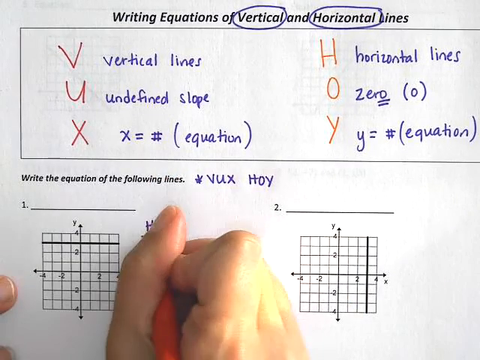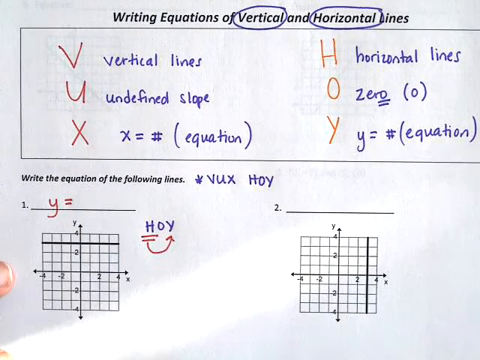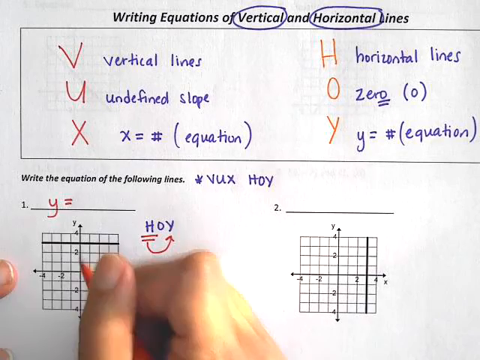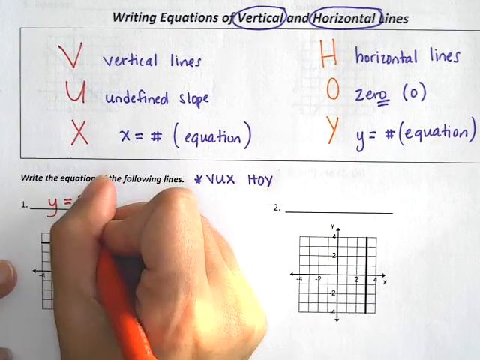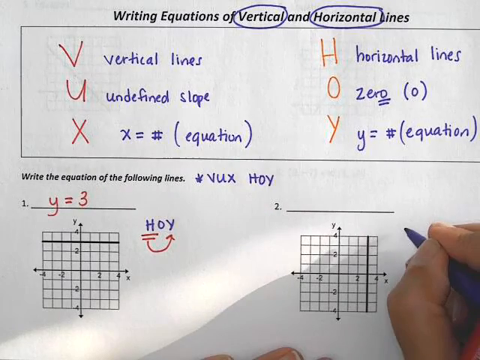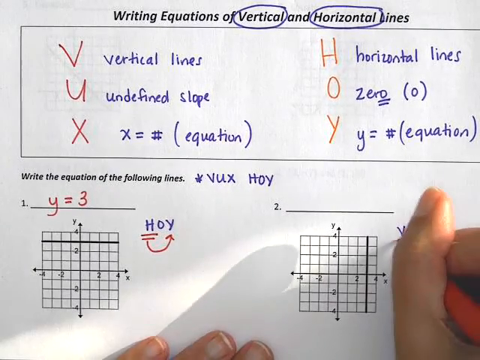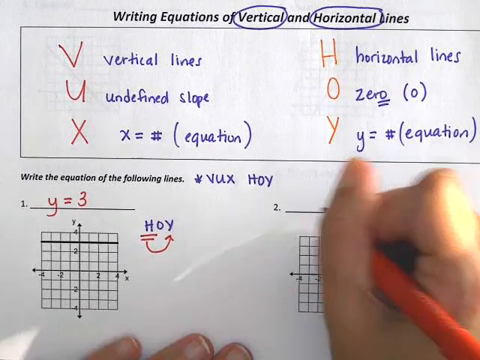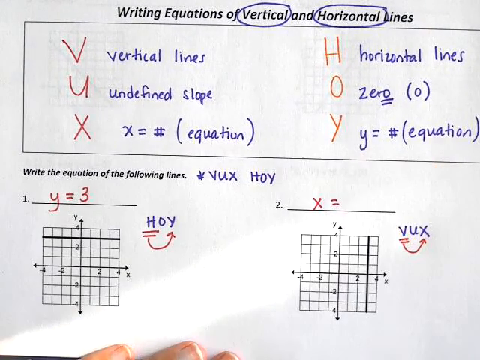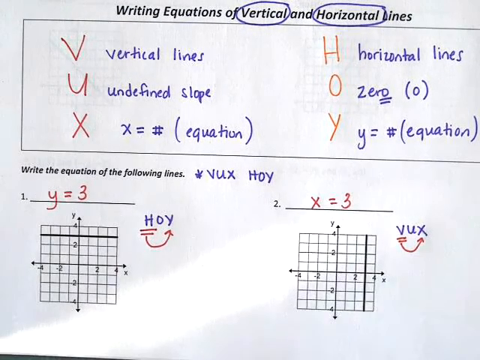If my line is horizontal, I know that my equation will use y equals. Now the number is 1, 2, 3, so that's my y equals 3. If I see a vertical line, like in number 2, I'm going to write down VUX. I know a vertical line uses x in the equation. So I would write down x equals, and then I would fill in the number 3.